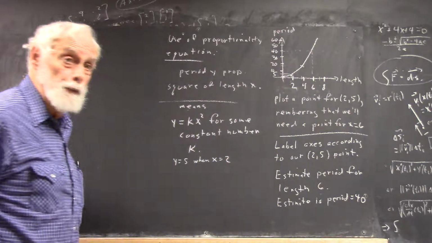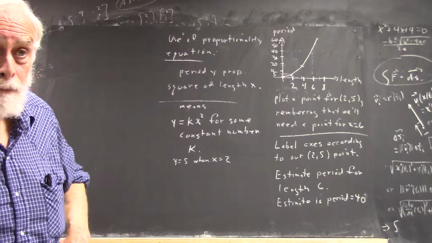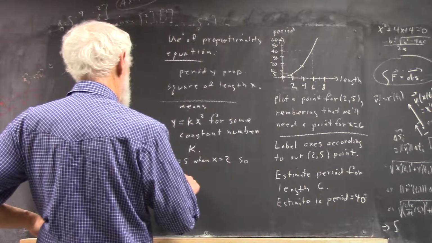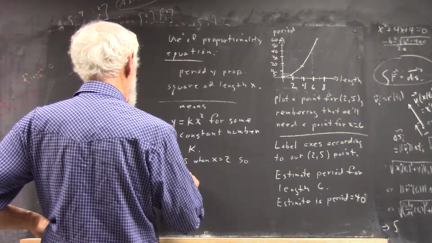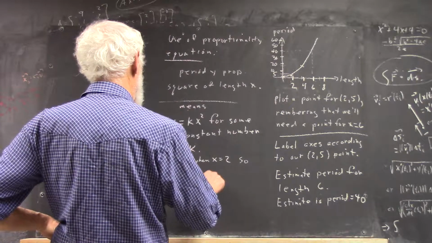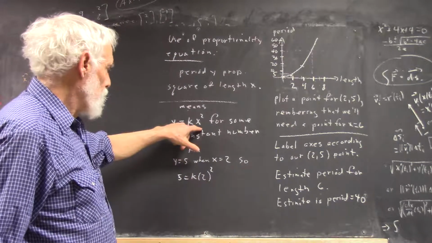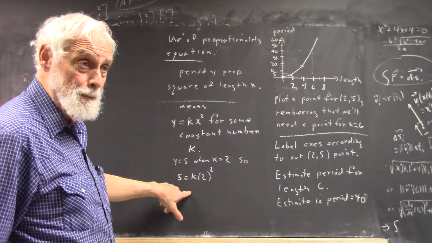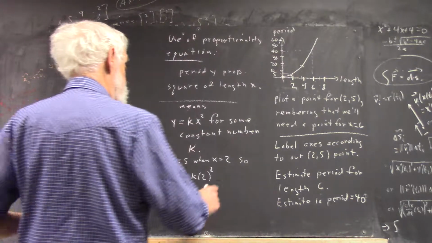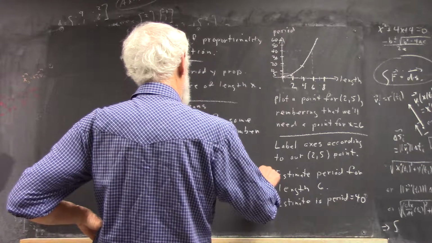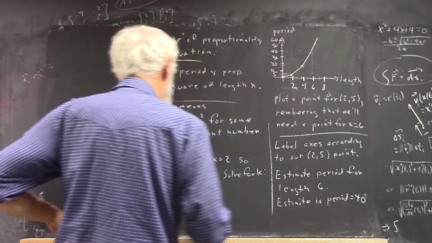Well, y equals 5 when x equals 2, right? So, putting 5 in for y and 2 for x, we get this. I'm not going to go through the algebra details of solving for k.